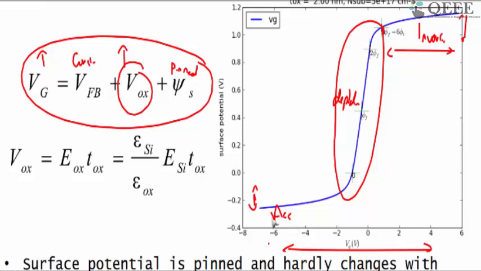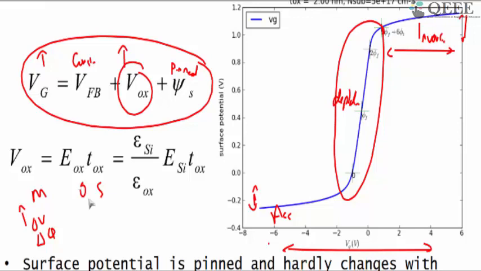Now let us understand why this is being pinned. This is the MOS. When you vary the bias at the metal by delta V, essentially you are changing the charge at that electrode by delta Q. The metal electrode is connected to a voltage supply, which can supply the charge.